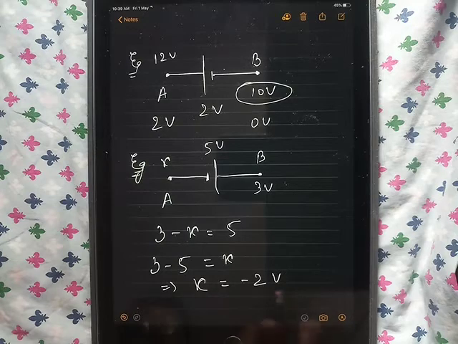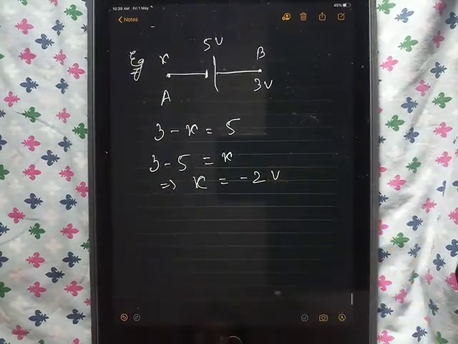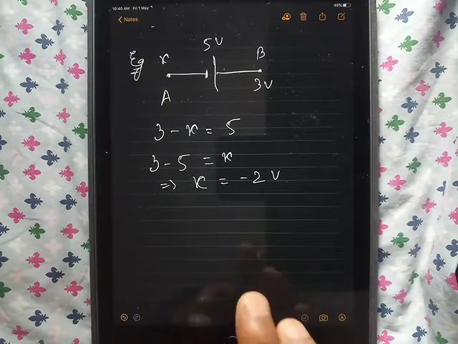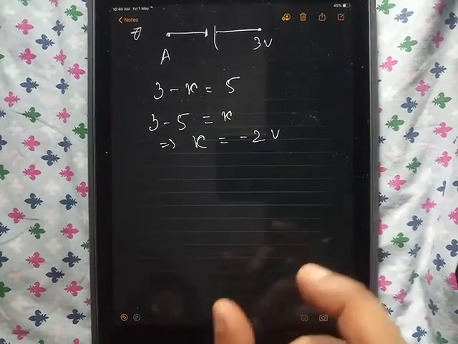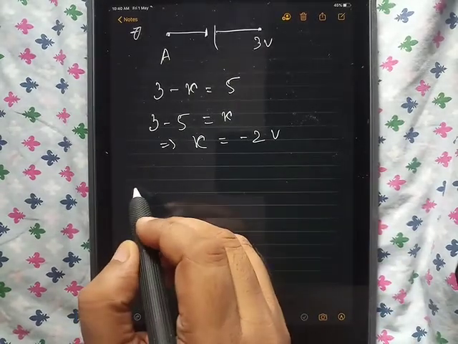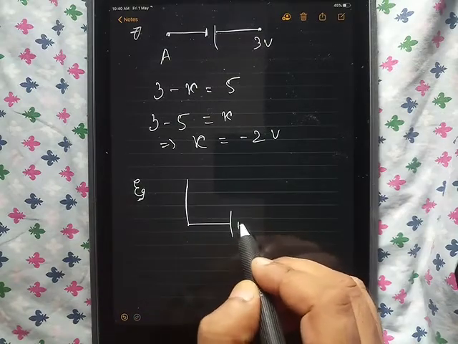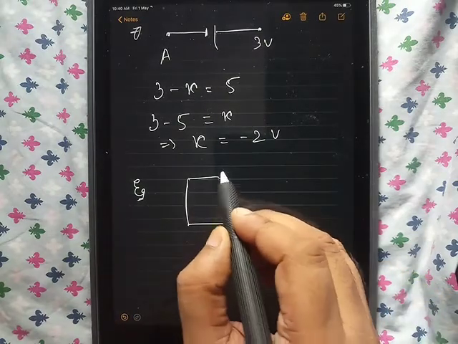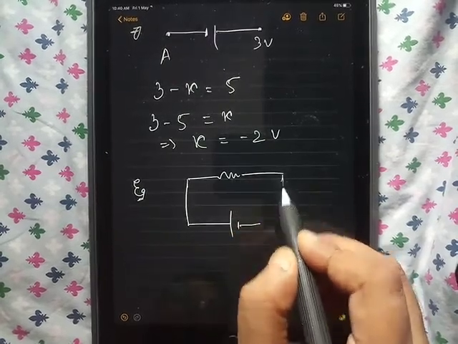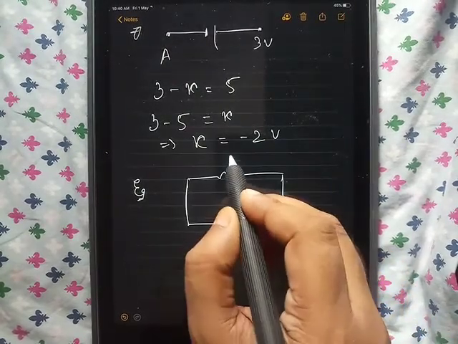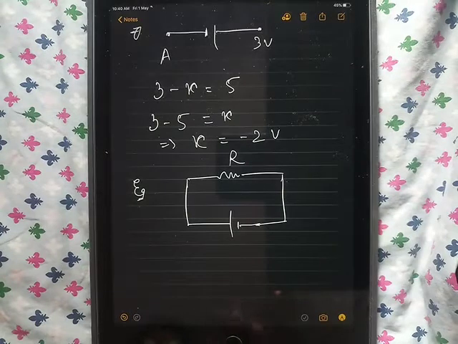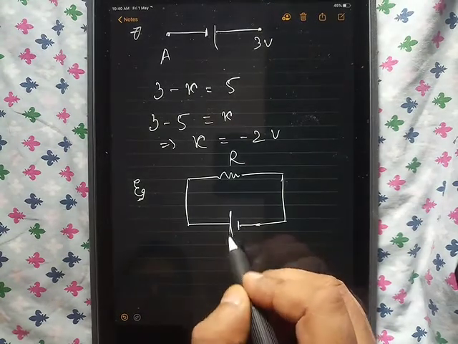So in the same way we can consider potential at any point, but whatever the reference potential will be, it will not affect the potential difference between the 2 points. Suppose we take a circuit, we can consider any point at zero potential.